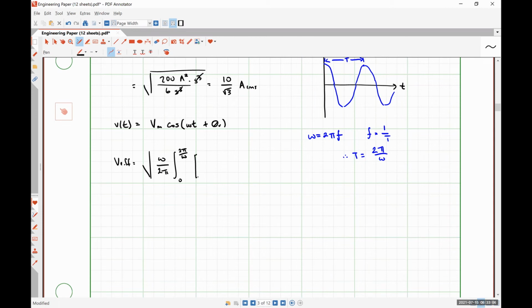Using that first trig identity, and the one that we used in the last class when multiplying a cosine function by a cosine function, we can easily see that this is going to be 1/2 Vm squared cosine of theta v minus theta v, which is 0. So that is just 1/2 Vm squared plus 1/2 Vm squared cosine of twice omega t plus twice theta v.